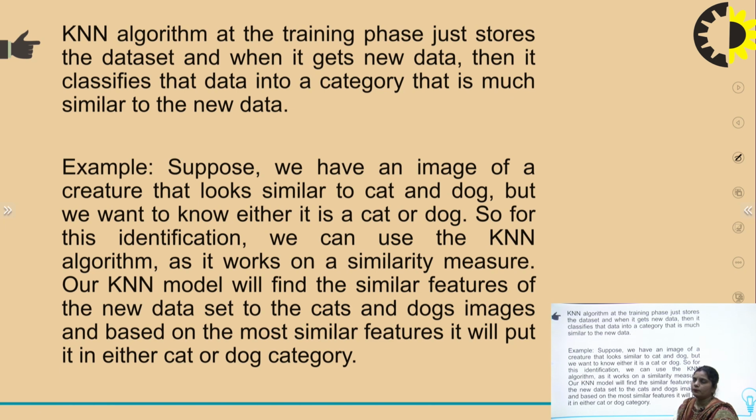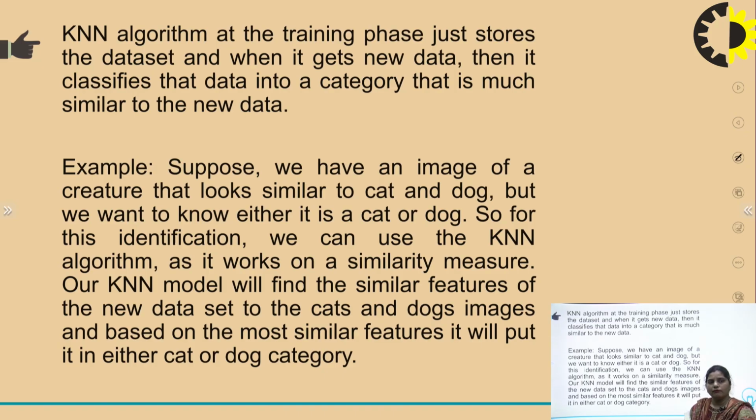Suppose I take an example where we have an image of a creature similar to cats and dogs, but we want to know whether it is a cat or a dog. For this identification, we are going to consider the KNN algorithm because it works upon similarity measurements.